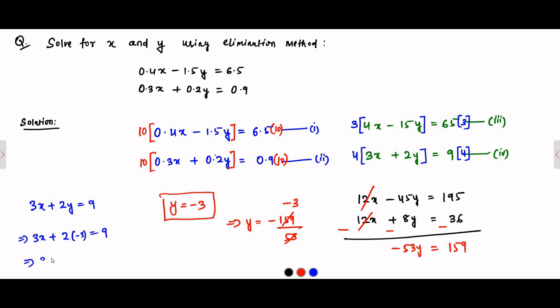That implies 3x minus 6 is equal to 9, which implies 3x is equal to 15, that is 9 plus 6. That implies x is equal to 15 by 3, equal to 5. So x is equal to 5, y is equal to minus 3. This is the solution.